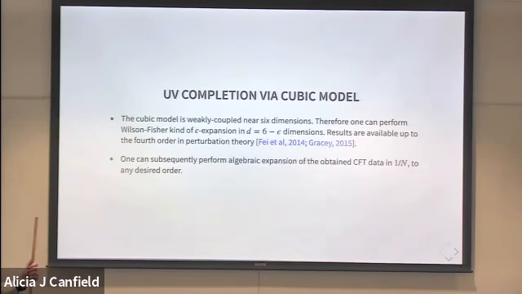Just expand in 1 over N, and compare with those general D expressions which people derived for the O(N) vector model, but expanded around 6 dimensions. Actually, gamma phi in the 1 over N expansion, I think, is known up to 1 over N cubed, and gamma sigma is known up to 1 over N squared as a function of D. Take those, expand them around 6 dimensions, and compare with what those gentlemen derived, but expanded in 1 over N algebraically.